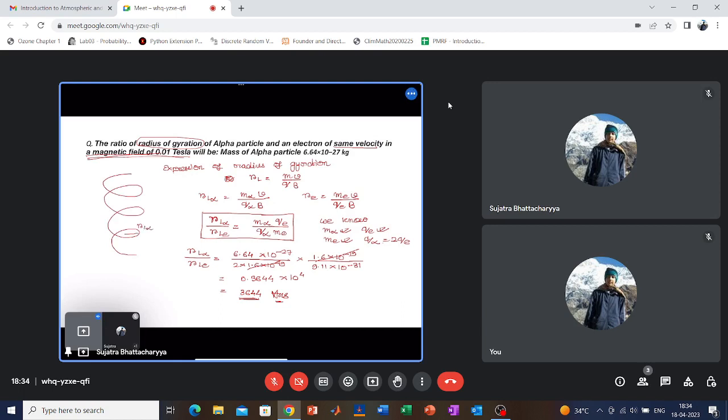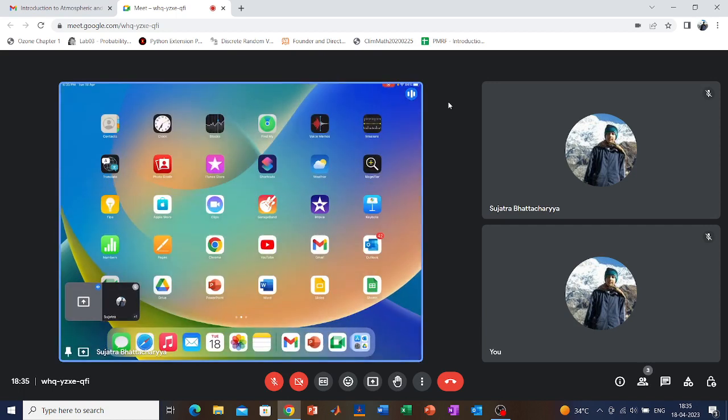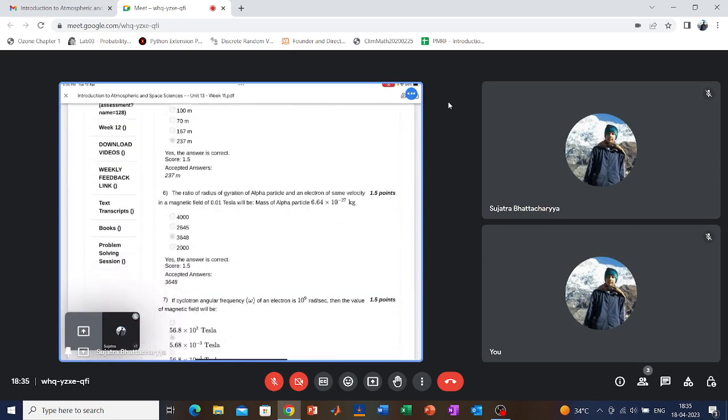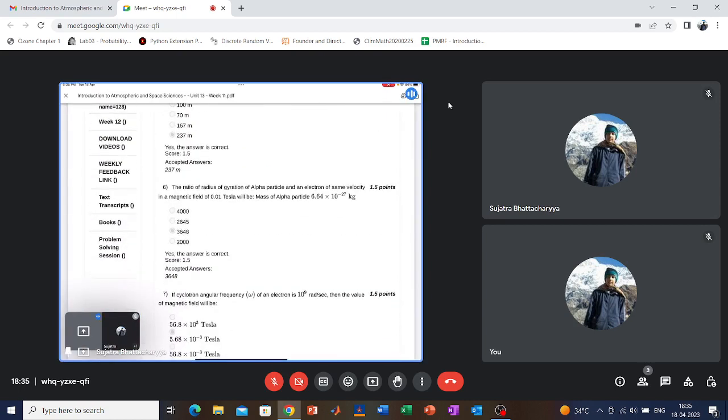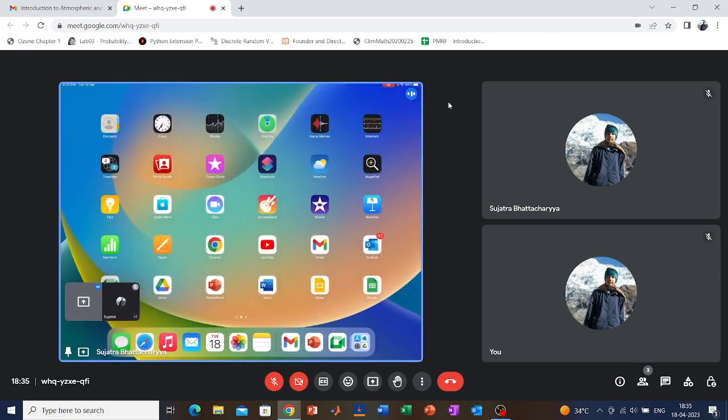But on the other hand, if you see the electron's path, it is like this, with a smaller circle, and this is RL. So it's about 3644 times. Let's see the answer. It's 3648 given, so 3644 is fine. And the last is this easiest question.